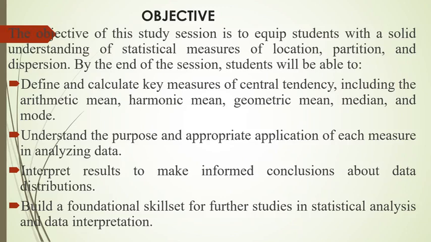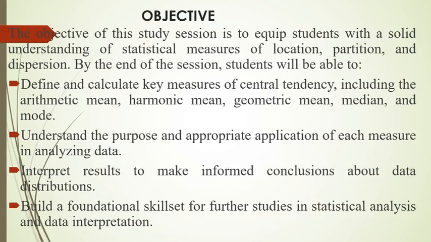The objective of this study session is to equip students with a solid understanding of statistical measures of location, partition, and dispersion. By the end of the session, students will be able to define and calculate key measures of central tendency, including the arithmetic mean, harmonic mean, geometric mean, median, and mode.